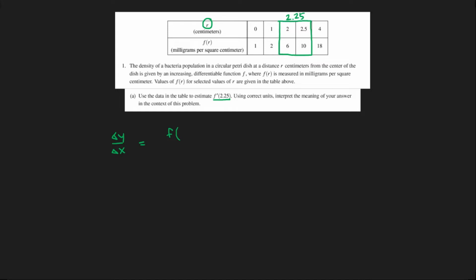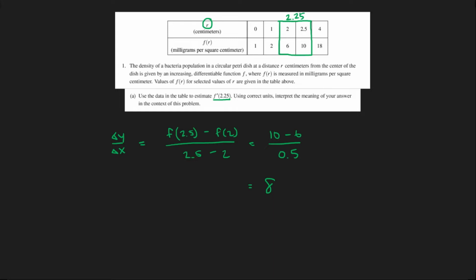So it's going to be f of 2.5 minus f of 2 over 2.5 minus 2, and this is going to be 10 minus 6 over 0.5. If we wanted to, we could actually just leave it like this. You will not get deducted points for not simplifying, but I'm just going to go ahead and do that, and this will turn out to 8.